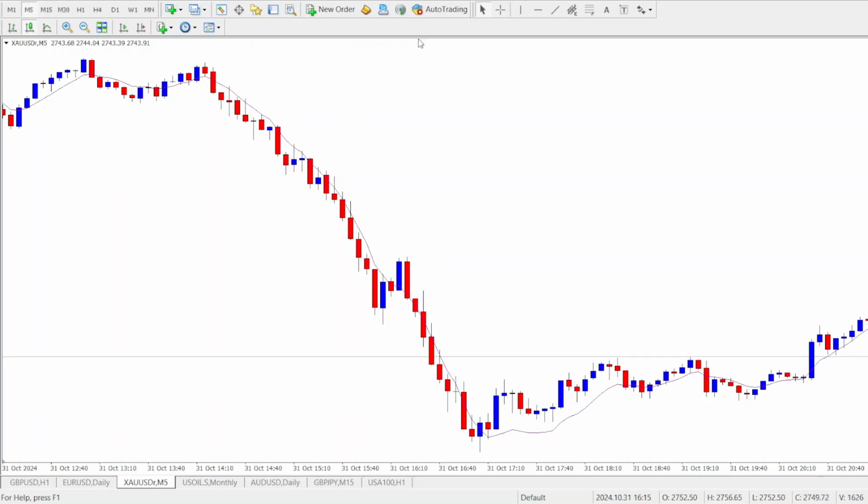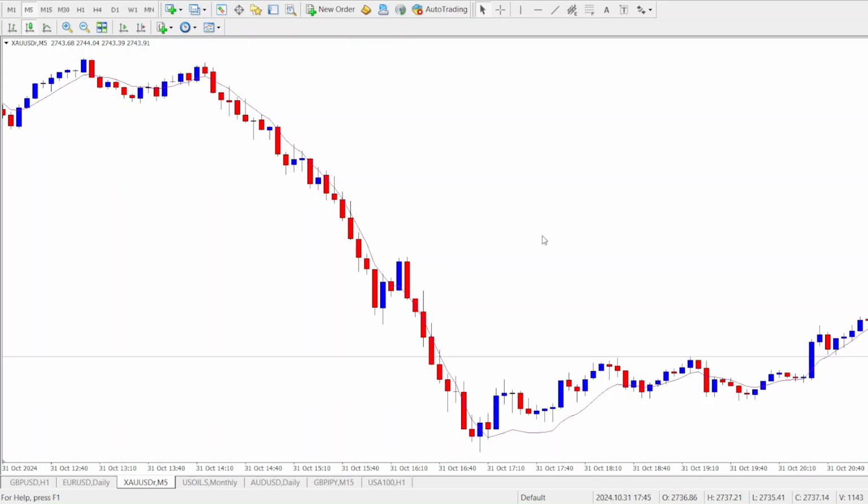I am using the MetaTrader terminal to shoot this video, so I had to download the indicator from the MetaQuotes site, the MQL5 marketplace. You can download this indicator from the MQL5 marketplace or any other reputable source. If you want to download it, make sure you're downloading it from a reputable source.